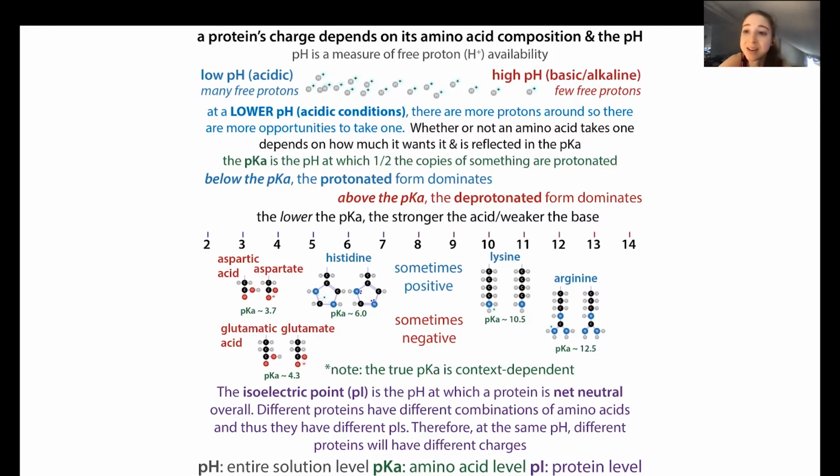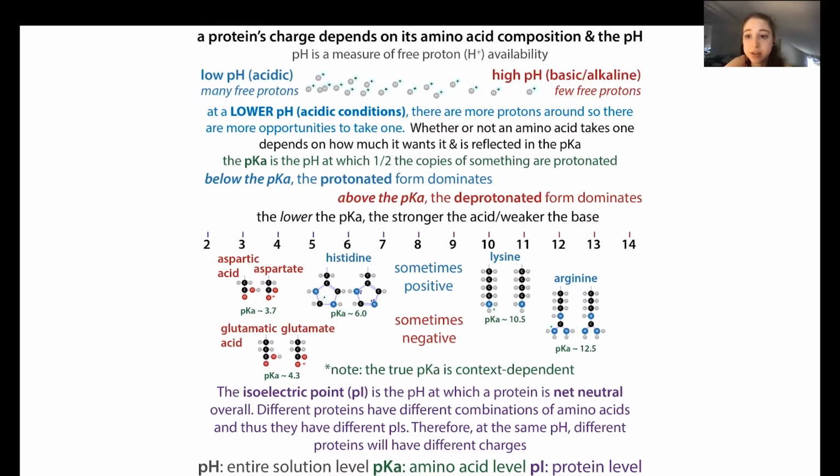You need that low pH in order to get it to protonate. And at a low pH, remember, it's that inverse log 10, so the low pH means there are more protons available. So a so-called acidic protein is more likely to be negative, and a so-called basic protein is more likely to be positive.